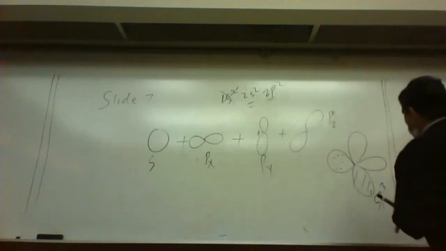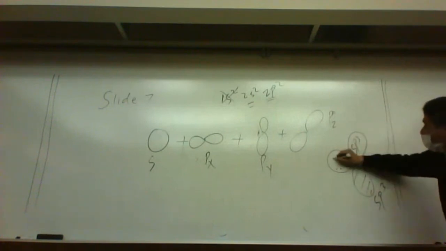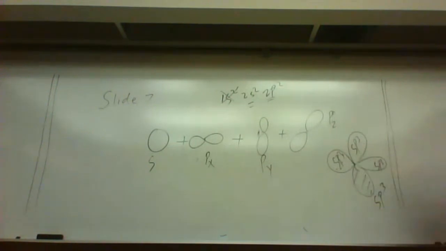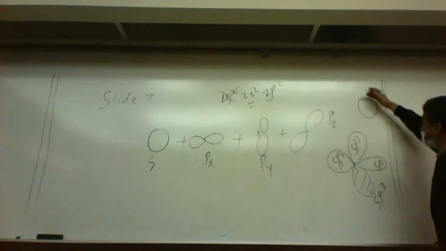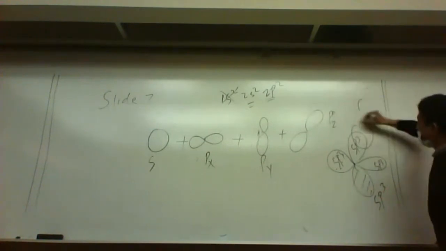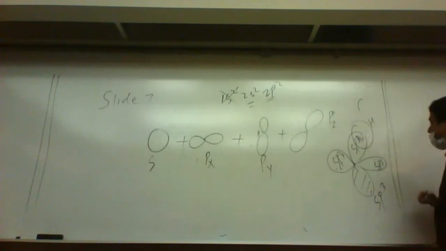So the bond angle is 109.5. This is one sp3, this is another sp3. This is sp3 of carbon. Now you have 4 hydrogens. Bring one hydrogen. Hydrogen has an s orbital like this. Bring it here and overlap it here. So this is the hydrogen orbital, and here you form one sigma bond.